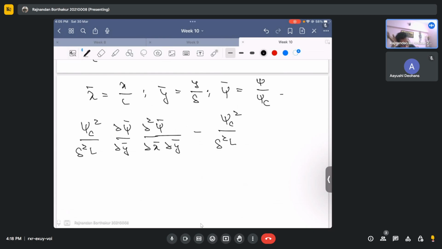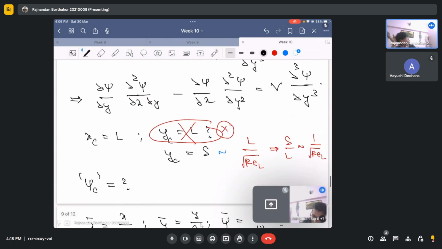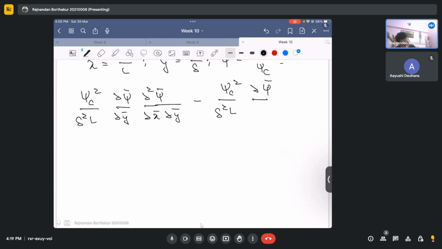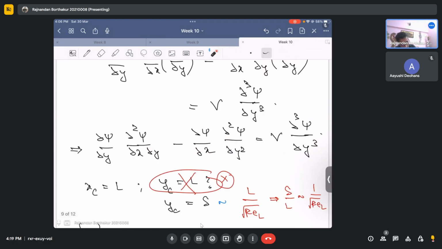And then this would be del psi bar times del x bar into del squared psi bar by del y bar squared. All right.